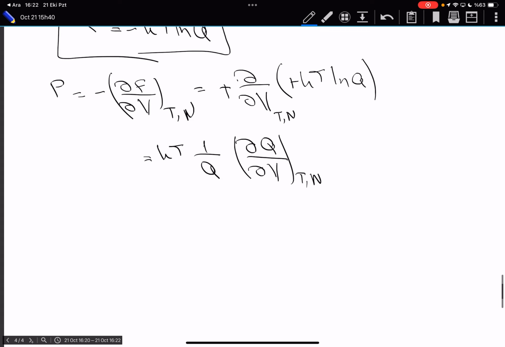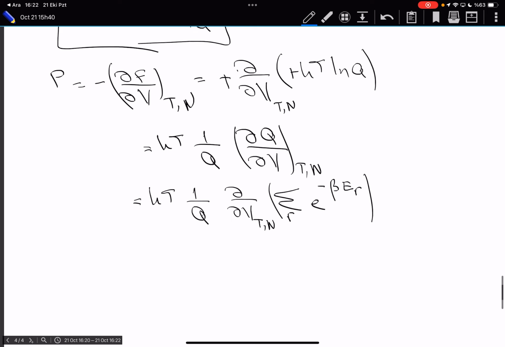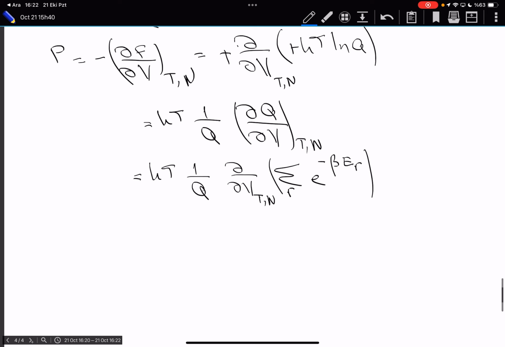Well, we know what Q is. Sum over all states e to the power minus beta E of r. Now we see, since we are keeping temperature constant, beta is constant. The only thing that depends on volume is E of r.